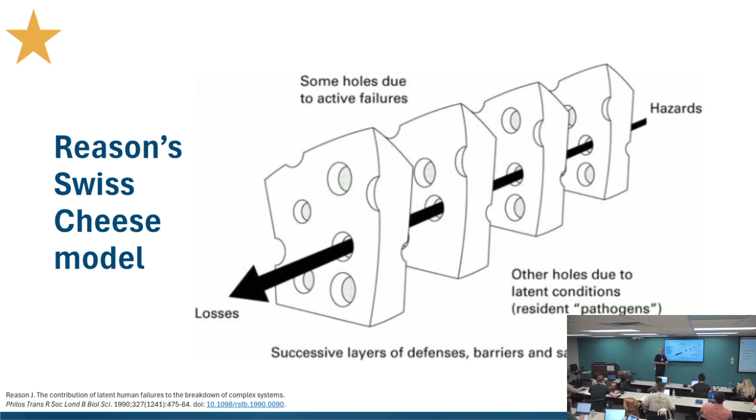You could argue that some of them would have been worse or better or whatever, but the same model still falls into place. So we can use that across systems. I would imagine those of you who've heard of it before probably didn't hear about it in healthcare, probably heard about it somewhere else, because any system has Swiss cheese, and then the holes could line up to have something bad happen.